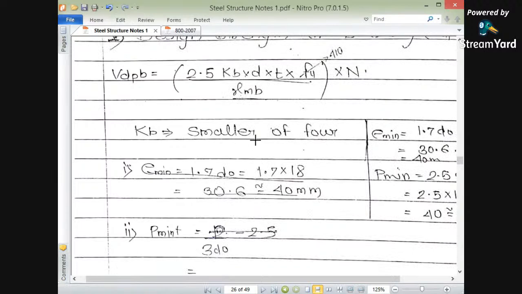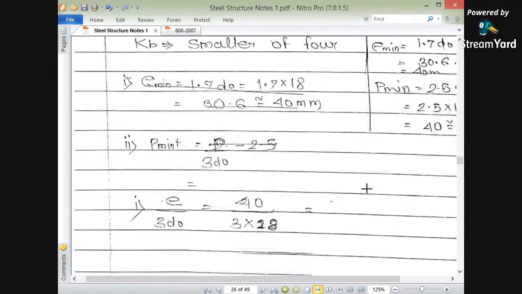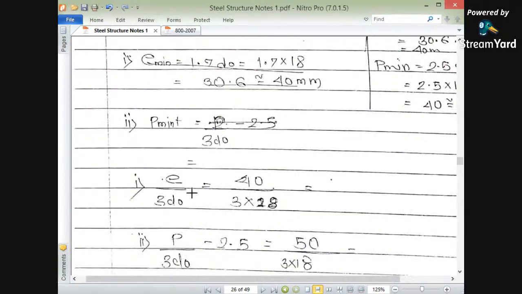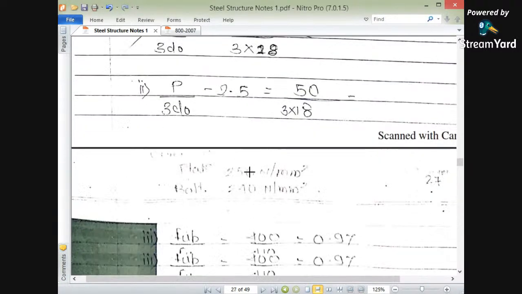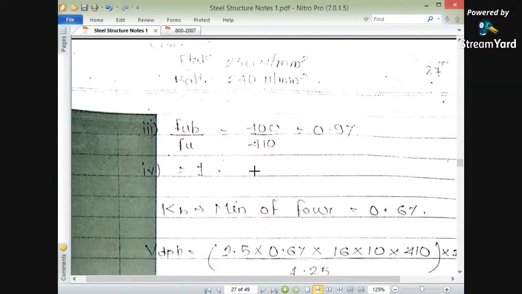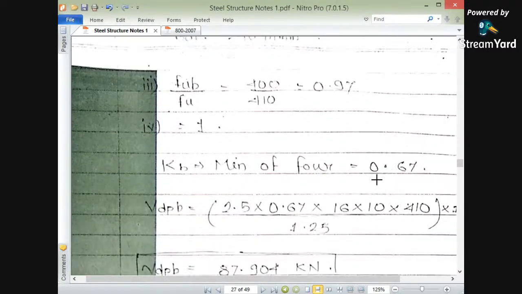So here kb, again the smaller of these values, that is nothing but e by 3d0. Already we have discussed this in the previous problem. The minimum of these four values comes to 0.67, so directly we have taken 0.67. This 16 is the diameter of the bolt, and 10 is the minimum thickness. What are the two thicknesses given? Out of these two thicknesses, we have to take the minimum thickness of plate.